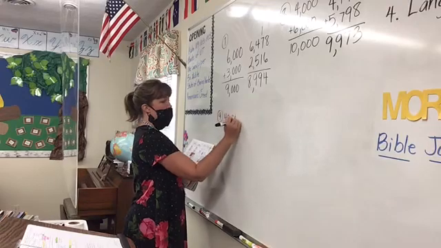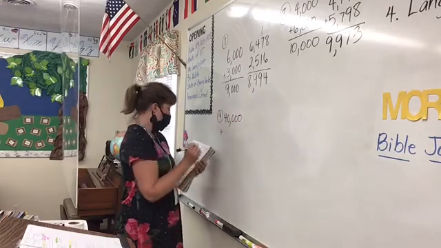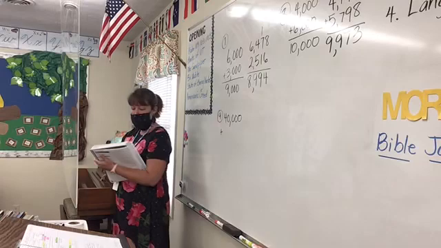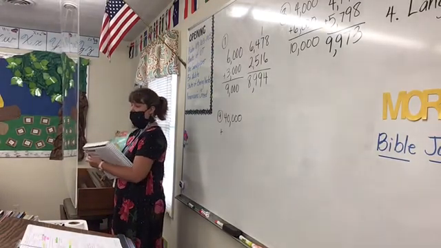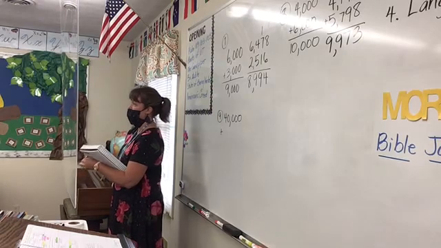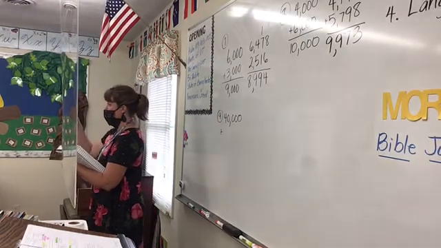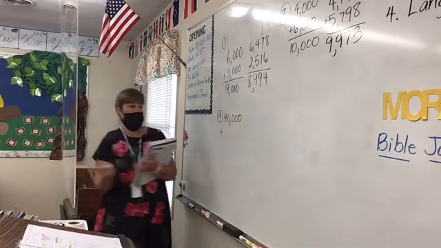40,000 plus, what do we round the next number to? Well, not 19,000, because we're going to round the 10,000s place. Either up to a 2 or it stays, right, 20,000.